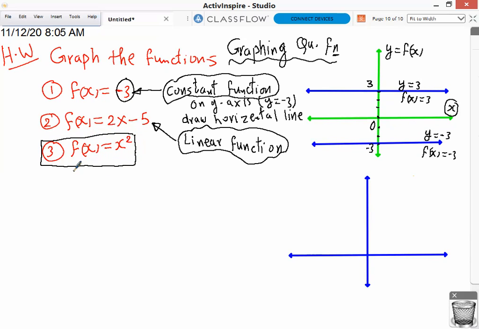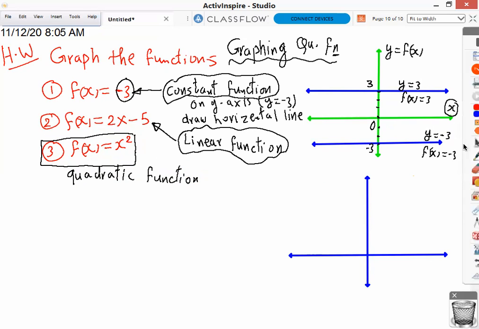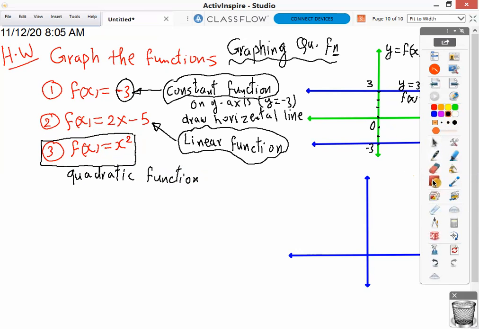It's quadratic, very good. Then we need to make a table.